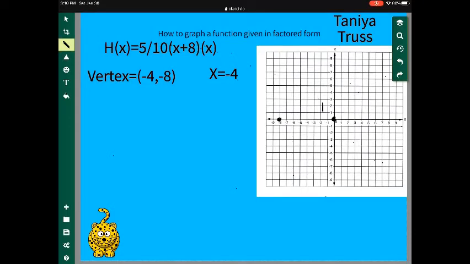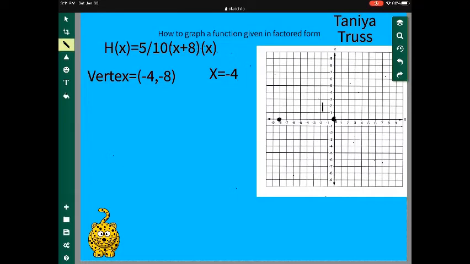And like I had explained earlier, the vertex is the average, so somewhere around here, the average between the two intercepts. That's basically like saying you're adding or subtracting the two intercepts and dividing them by 2.